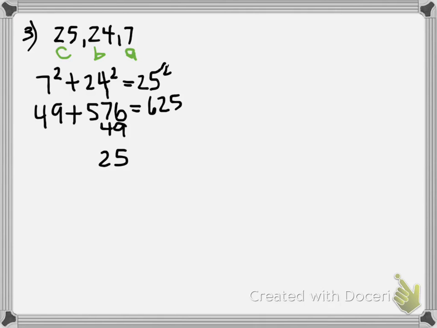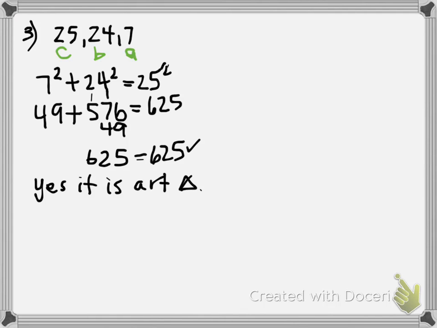Ooh, look at that. Does 625 equal 625? Yes. So we can conclude, yes, it is a right triangle. Okay? So, this one I'm also going to box up in red.